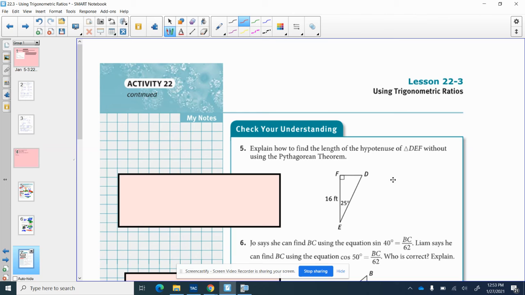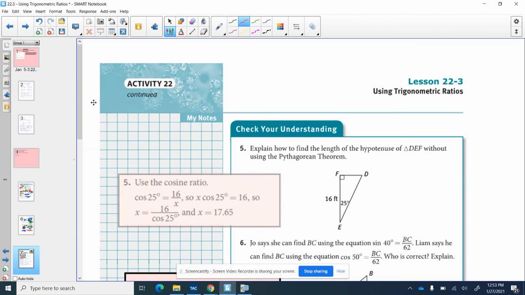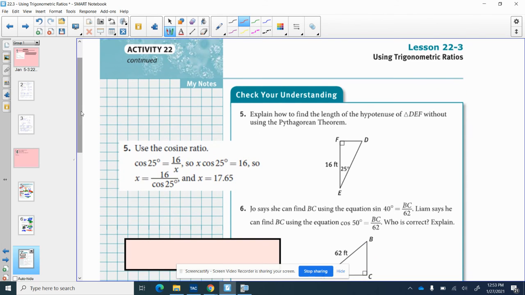Finally, try this last one by yourself. What you should have gotten is that this problem is going to require us to use cosine because we have the adjacent side and we're looking for the hypotenuse.